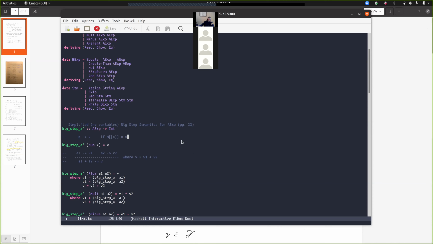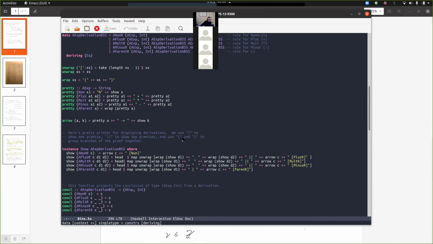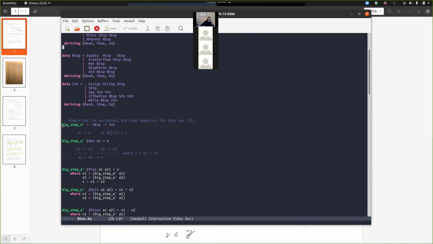Okay. So what you had to do in the homework is, I used this one down below here to build this big step evaluator.